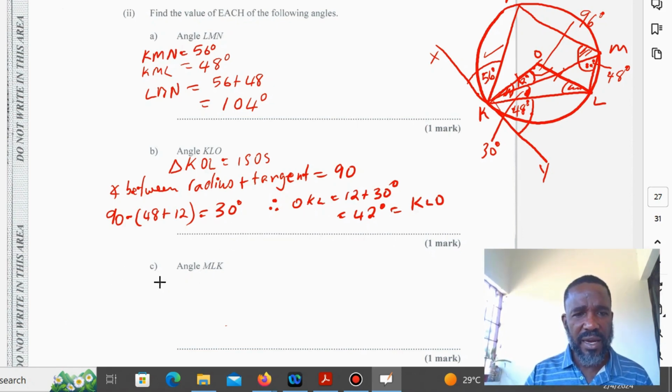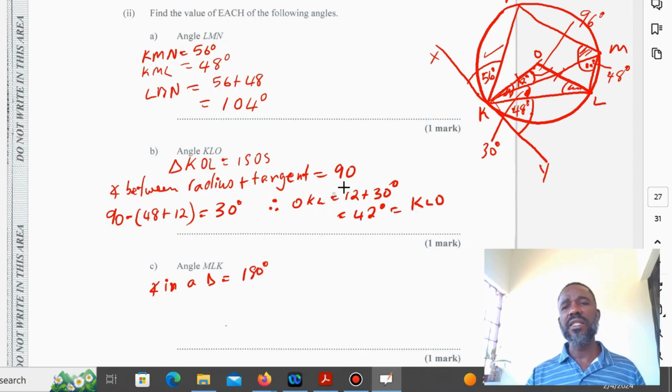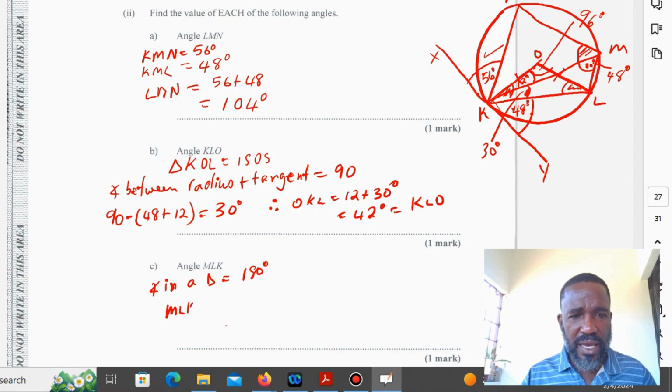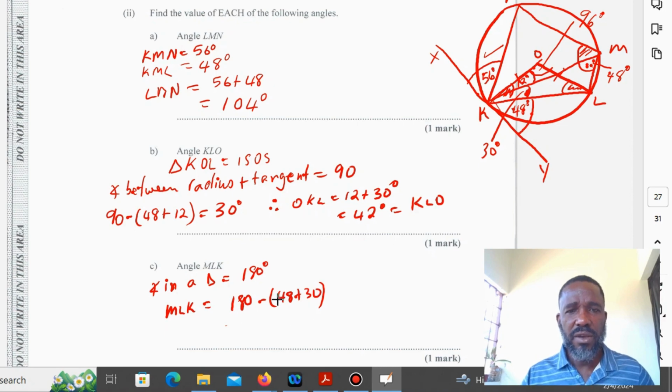MLK, angles in a triangle equal to what? 180 degrees. So because angles in a triangle are equal to 180 degrees, we know that MLK is going to be equal to 180 minus 48 plus 30, and 48 plus 30 is equal to 78. 180 minus 78 is equal to 102 degrees.